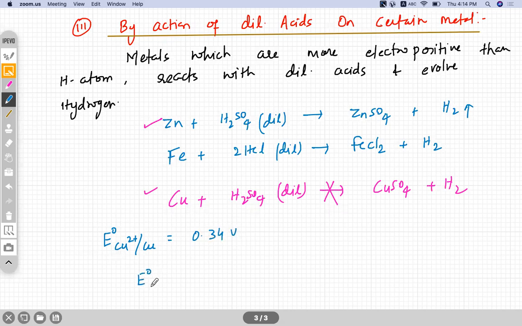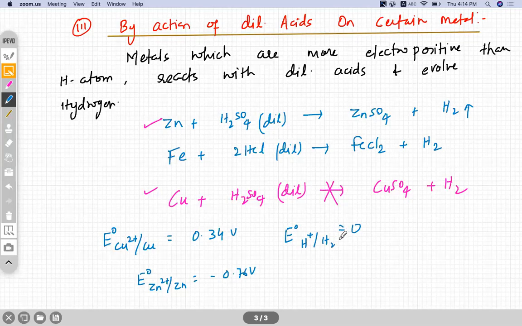The reduction potential of zinc, Zn2+ to Zn, is minus 0.76 volt. And the reduction potential of H+ to H2 is 0. Right? So those metals which have lesser reduction potential than hydrogen are more electropositive and can displace hydrogen from dilute acid.